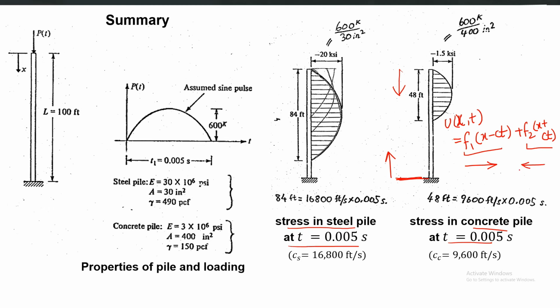So f2 is basically mathematically representing the reflected wave after it hits the other end. So if this is the f1 function, this is the f2 function, and f1 and f2 will be equal or opposite, depending on the boundary condition. If the boundary condition is a fixed support, in that case the relationship between f1 and f2 will be different.